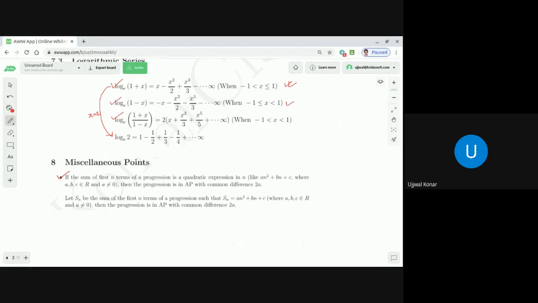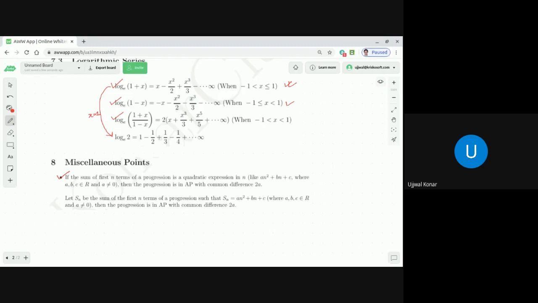Suppose someone says, I have an arithmetic progression, and the sum of the first n terms is 5n squared plus 3n plus 7. Then you can say the common difference is 2 into 5, that is 10, without doing anything.